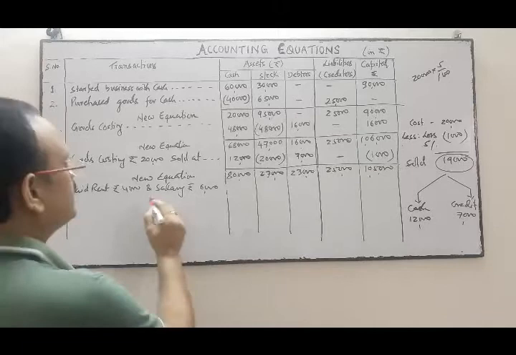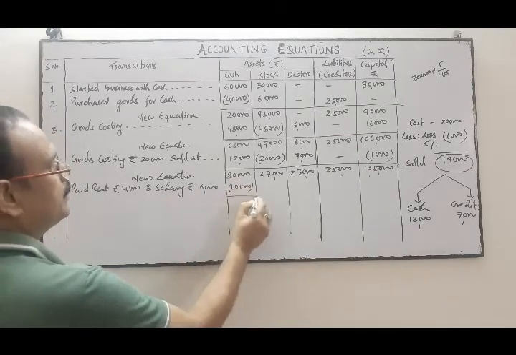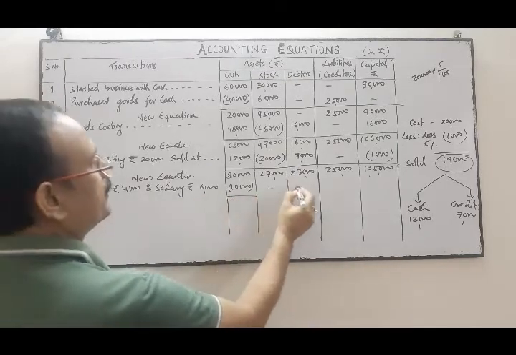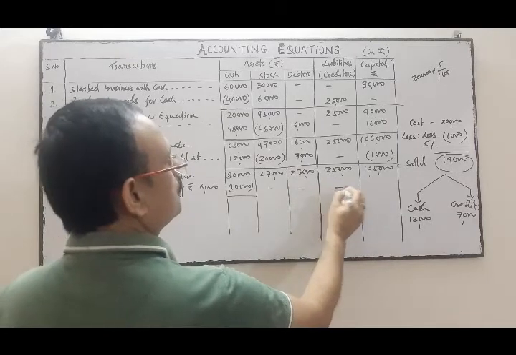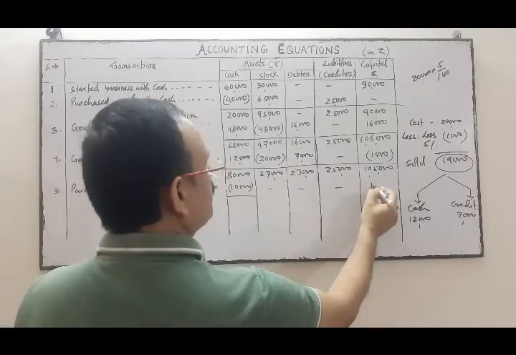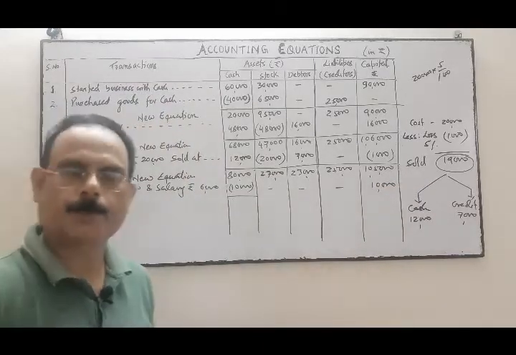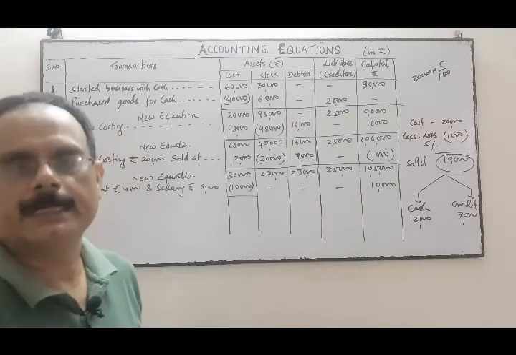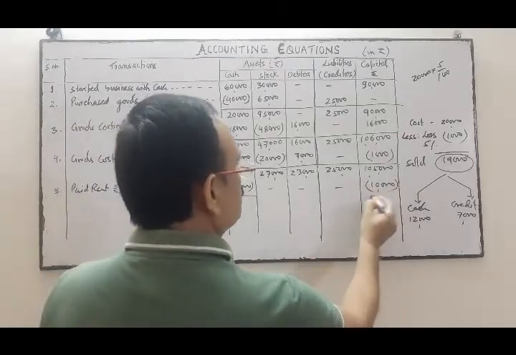When we have paid the rent and salary, our cash will reduce by 10,000, 4 plus 6. No effect on stock, no effect on debtors, no liability, but your capital will reduce by 10,000, because due to these expenses the profit will reduce, and when the profit reduces, it affects the capital. Capital will also be reduced.